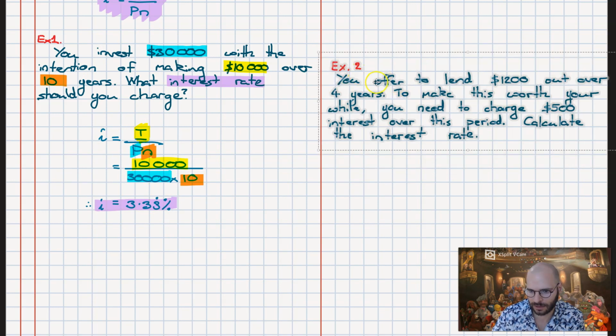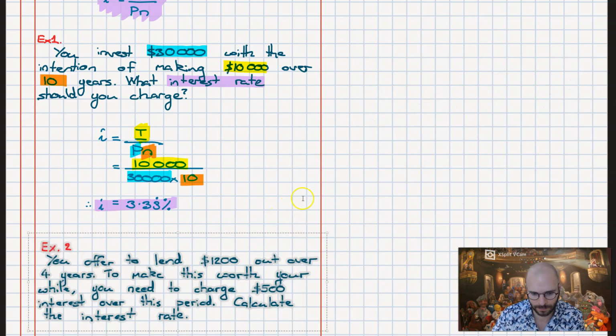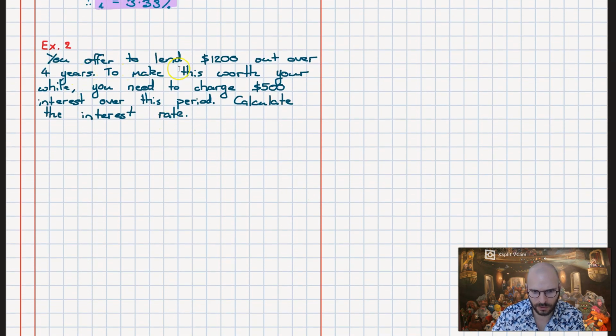Now let's try and consolidate this understanding with example 2 here. You offer to lend $1,200 out over 4 years. To make this worth your while, you need to charge $500 interest over this period. Calculate the interest rate. So once again, we're going for the interest rate. We use the formula i is equal to big I divided by P times N. Now the big I corresponds to the interest being charged, which is $500.